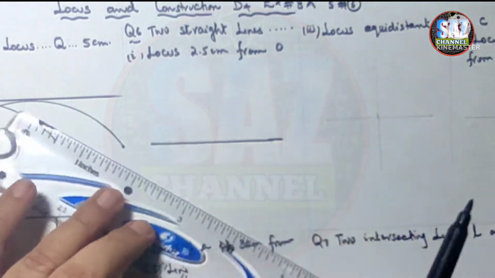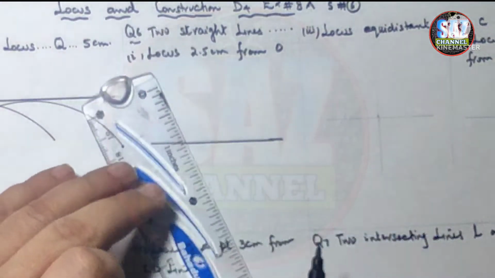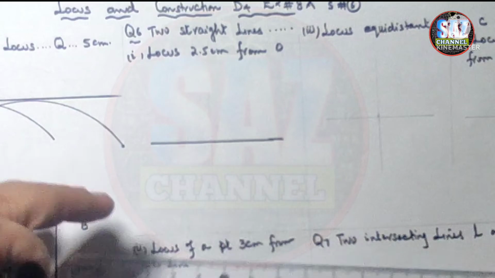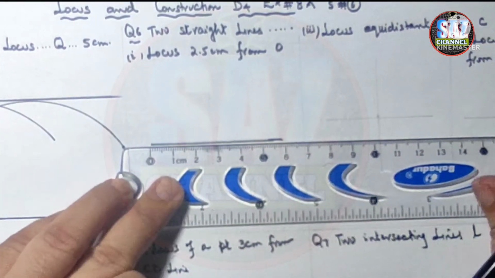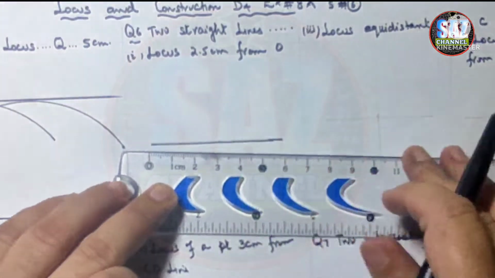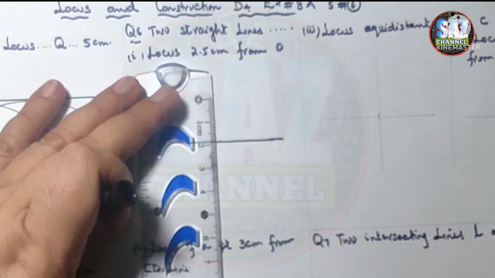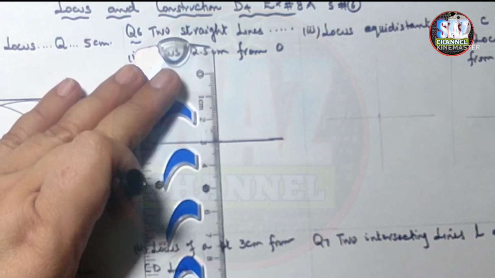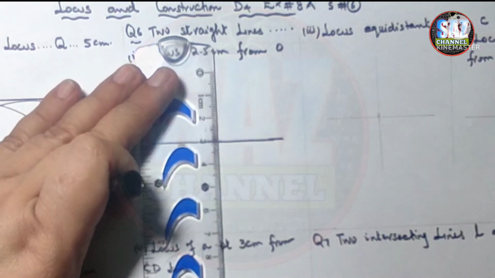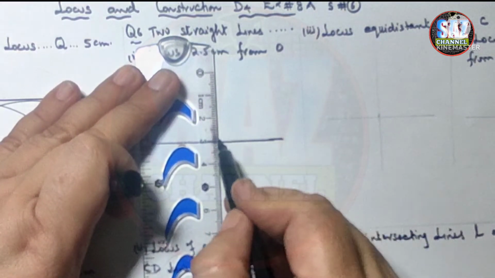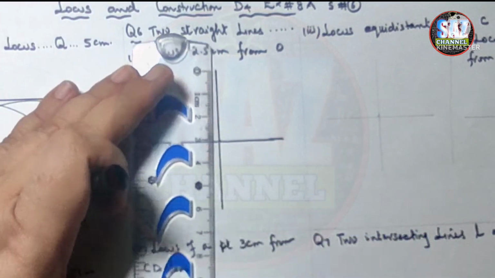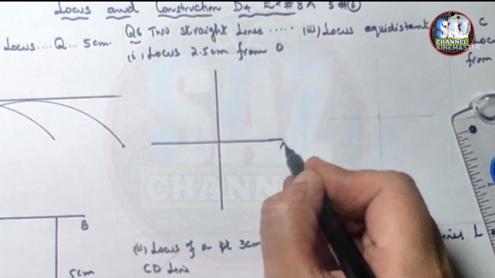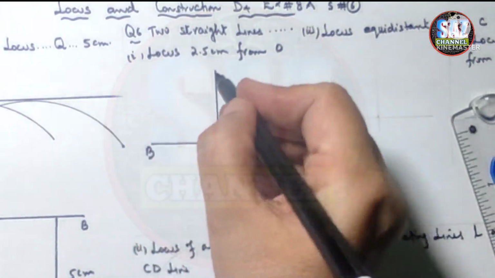Suppose this is 6, and let me mark the point, and this is 6. There is no hard and fast rule, but try to give beauty to your work. AB and CD, which meet each other at point O.